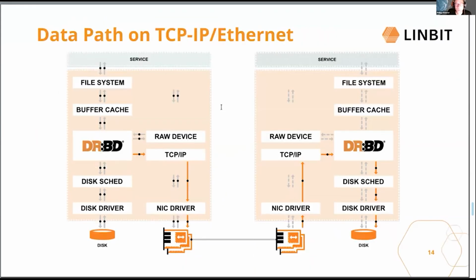And now let's look at all that from another point of view. This is here, the orange box is like the operating system kernel, so the Linux kernel. And here we have this usual IO stack. And this is the position where DRBD inserts itself into the IO stack.